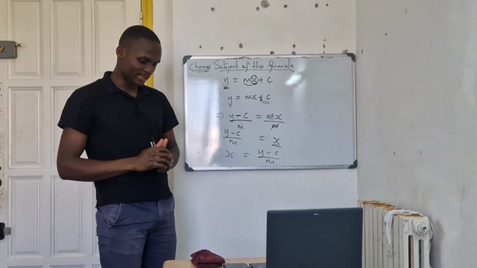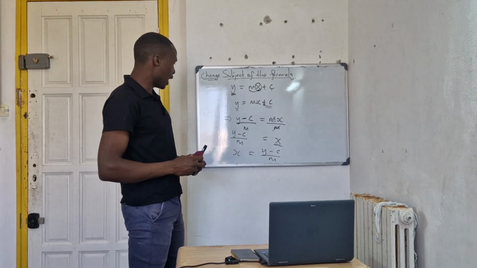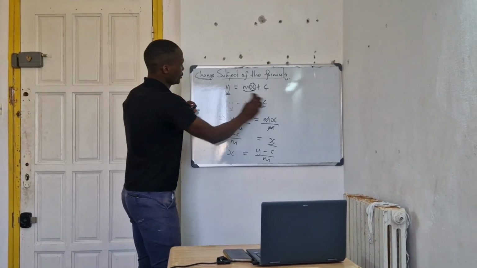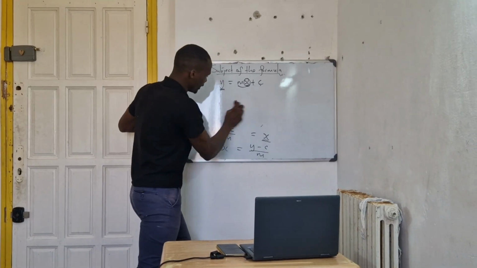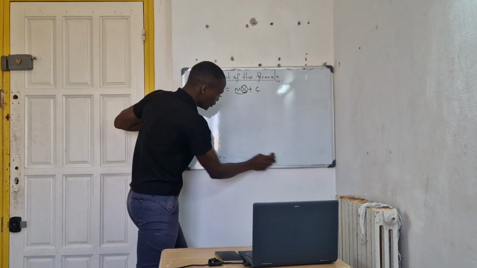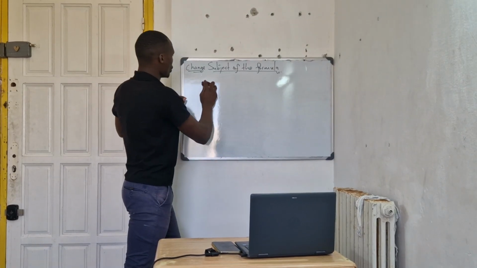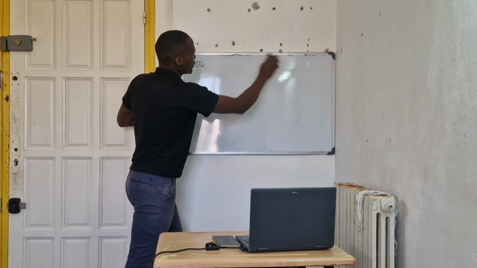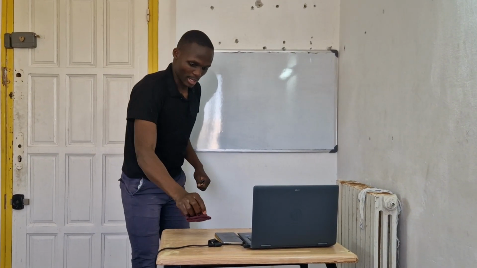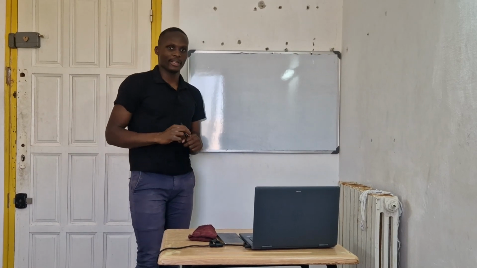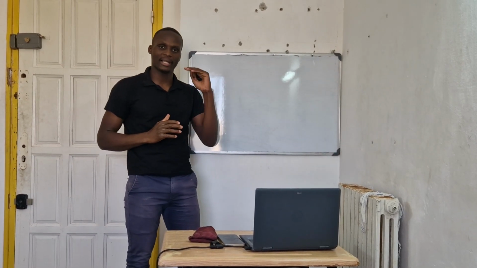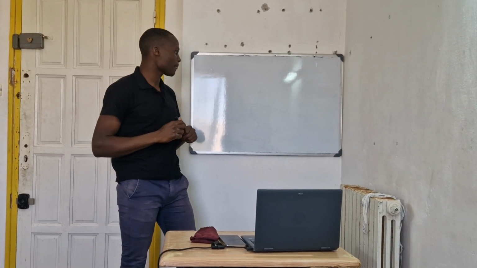To make x the subject. So that's how we do it in the subject of the formula. So we are changing the variable so that it is the subject, what we are talking about. So let's move on.